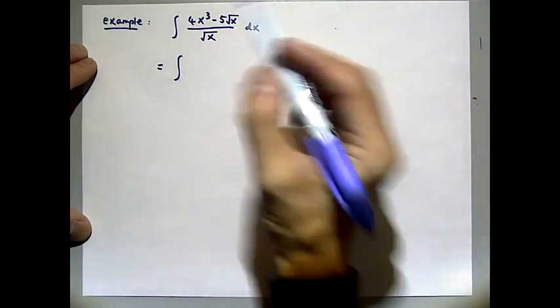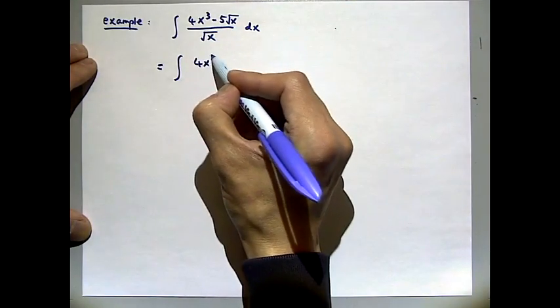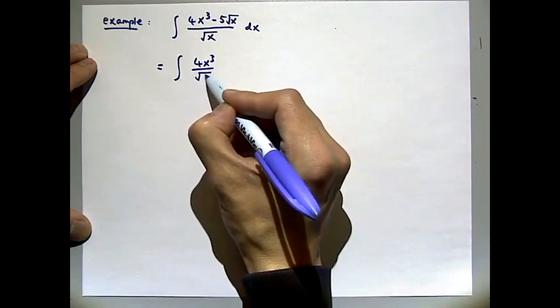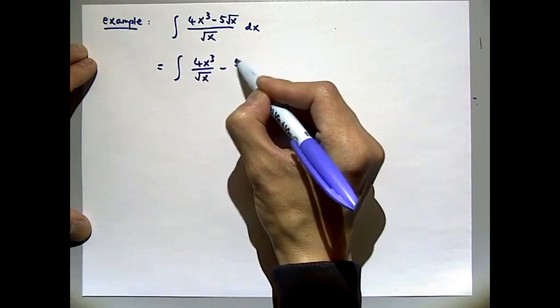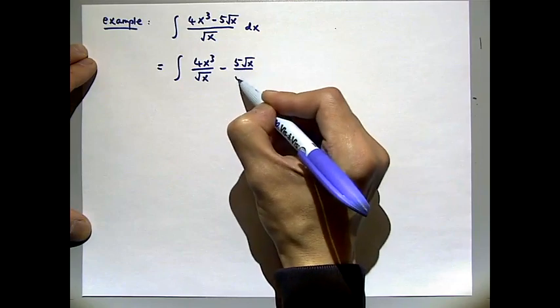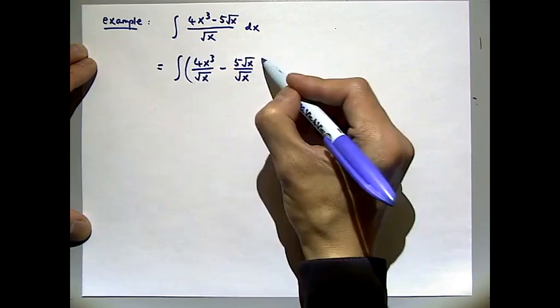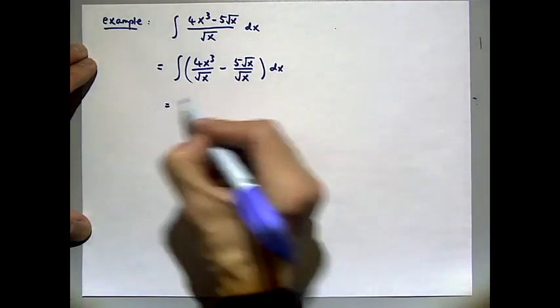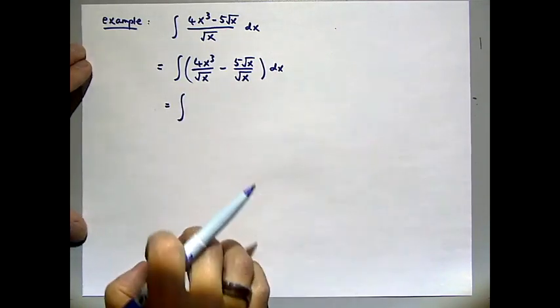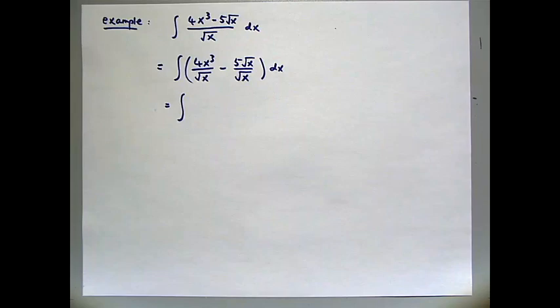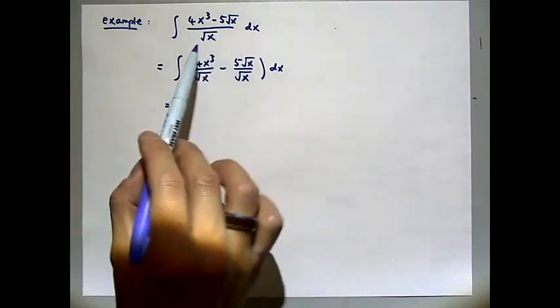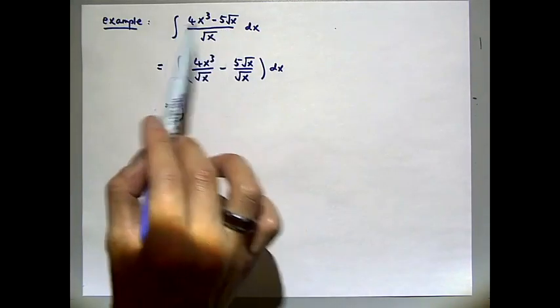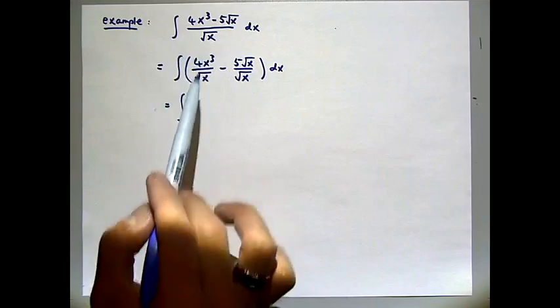Okay, remember how we do this. We've got to put everything back in terms of x to the n. I only have one thing in the denominator, so I can divide everything on the top by that same thing downstairs.